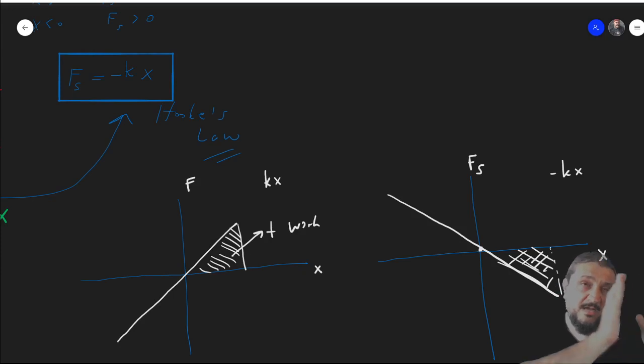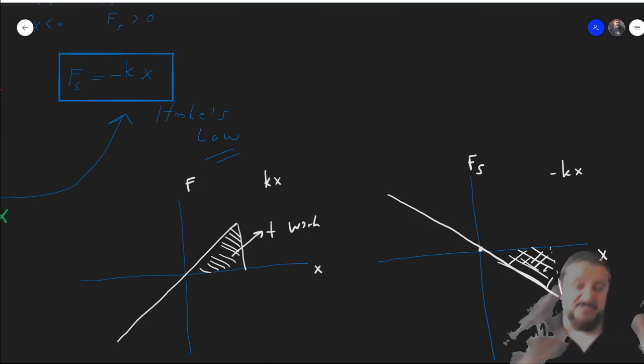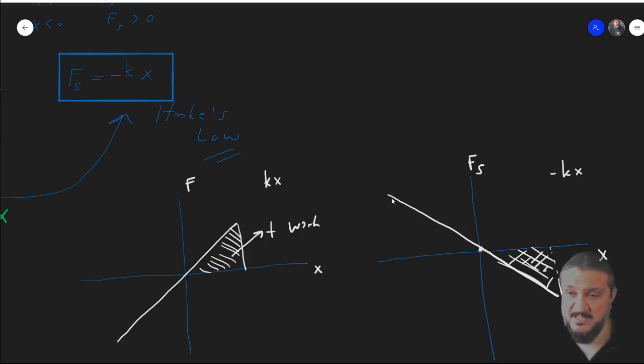Okay, I'm holding a spring which is compressed, and I'm releasing the pressure gradually. What will happen? The spring will expand as my hand moves close to the equilibrium position. x equals 0 is the equilibrium position, which means the spring is doing the positive work now.